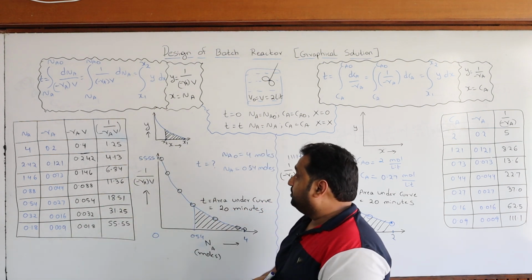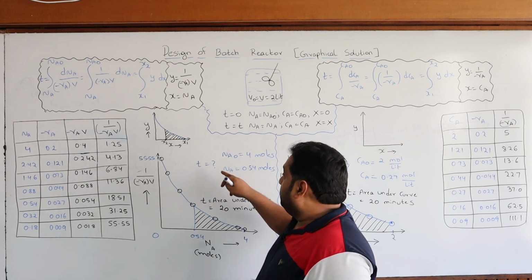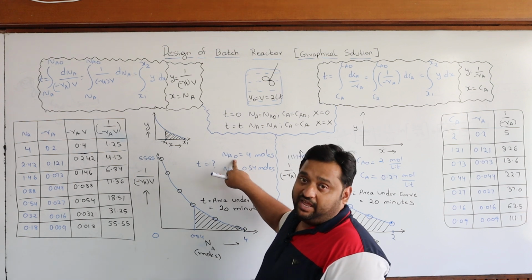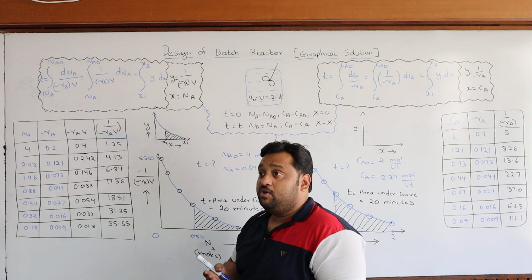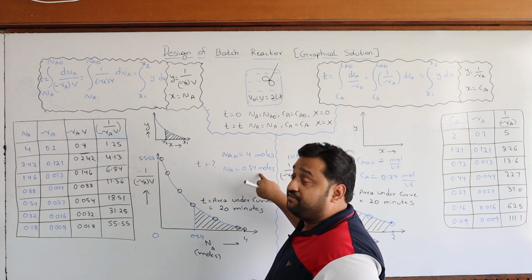Now you can find out the time. Before the start of the reaction, my moles are 4 moles. I want to know how much time is required to reduce the moles from 4 to 0.54.